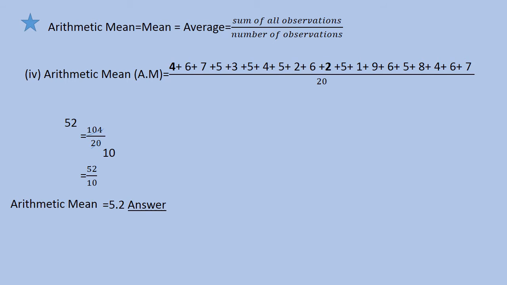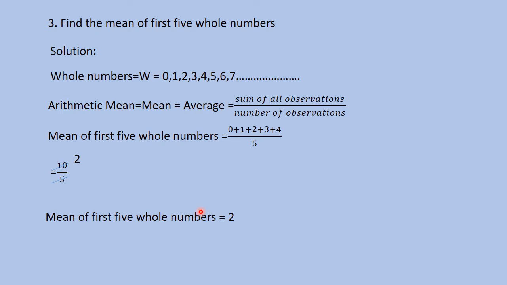Now let us go to the next slide. Find the mean of the first 5 whole numbers. As I already told you, mean is arithmetic mean or an average. And what is its formula? Sum of all observations upon total number of observations.